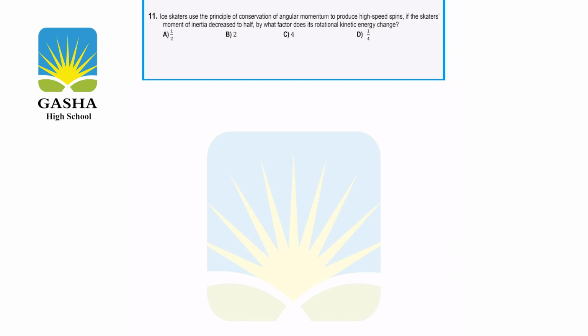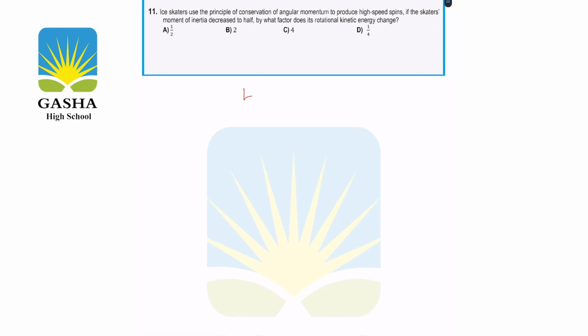Question 11. Ice skaters use the principle of conservation of angular momentum to produce high-speed spin. You have to know that in the conservation of angular momentum, L initial is equal to L final, or the initial angular momentum must be equal to the final angular momentum. If the skater's moment of inertia decreases to half, by what factor does the total rotational kinetic energy change?